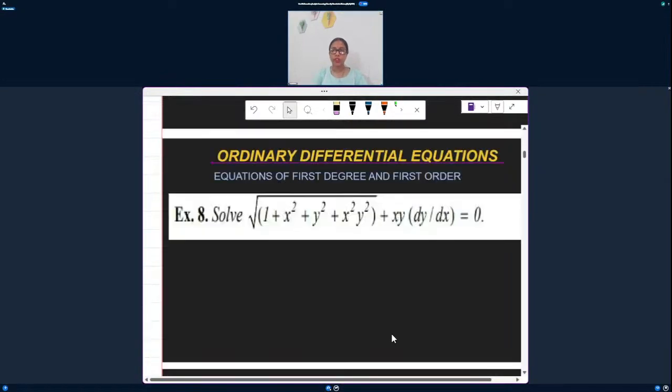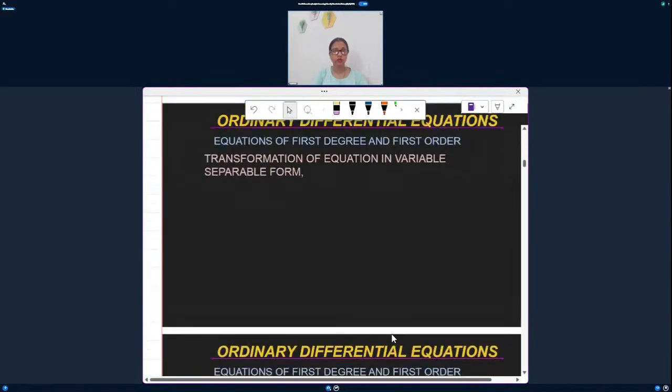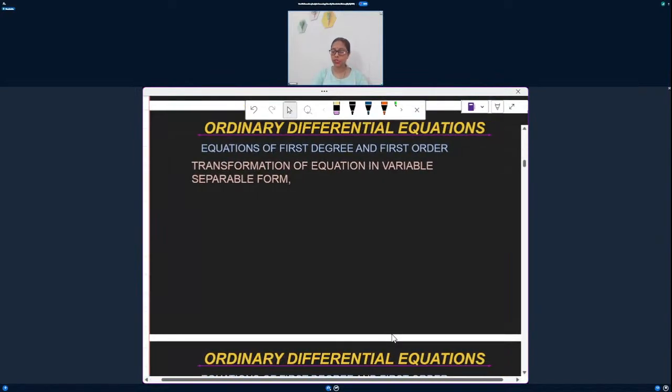So, we have to start with the next part, which is transformation of the equation in variable separable form. So, what kind of equations can I transform? At first glance, you just need to do some simplifications in these kinds of equations. I'll count this as method 1A.